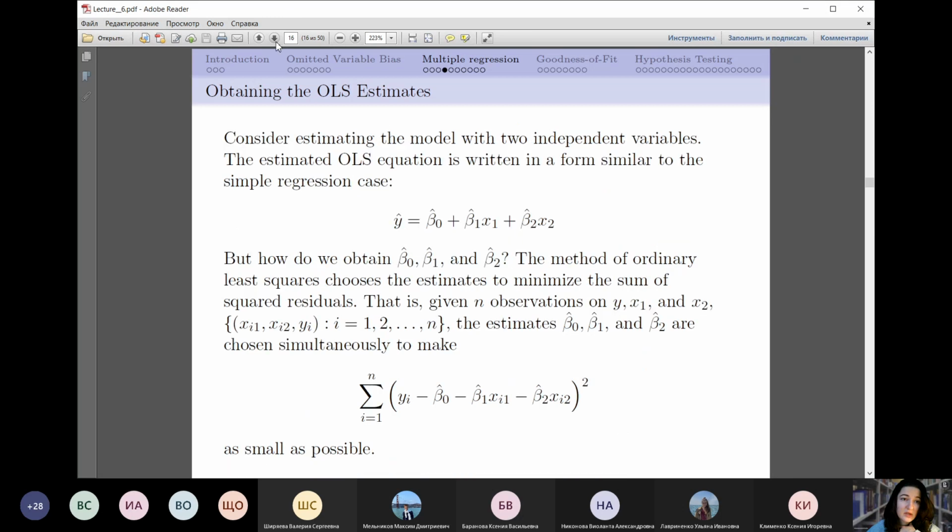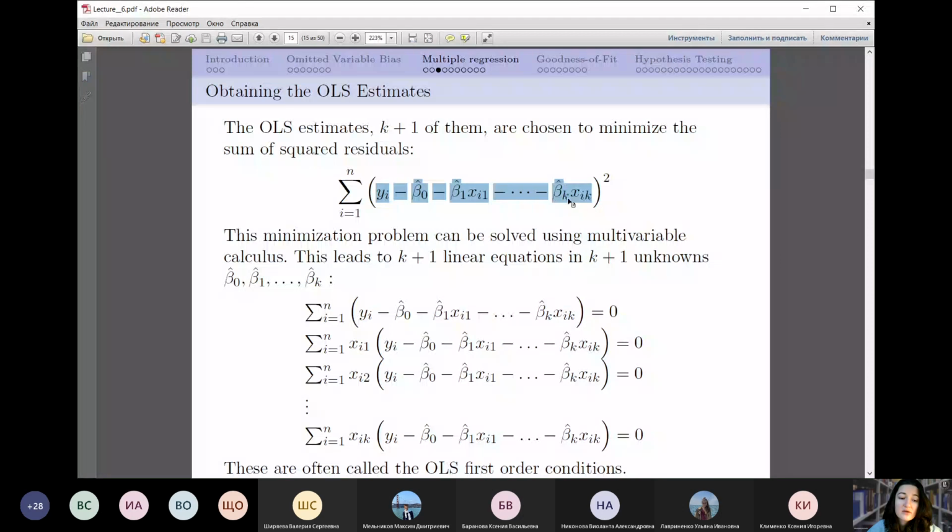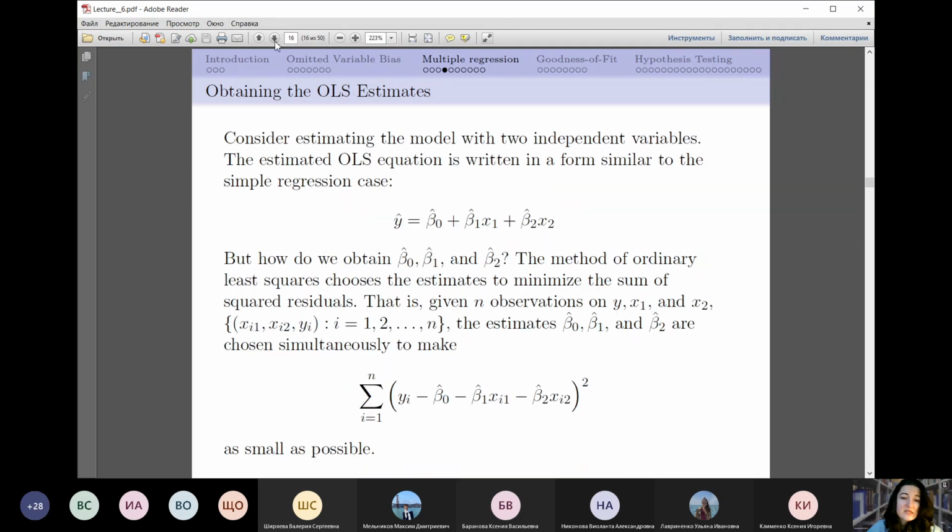Let's take a look at our basic example when you have only two independent variables, because it's much easier, yeah? Again, I want to repeat that if you have a lot of regressors, if you have k regressors, it's better to use matrix notation when we discuss the ordinary least squares method in the multiple regression model. Because of this, let's discuss the same, but in the case where we have only two independent variables. So your estimated equation looks like this.